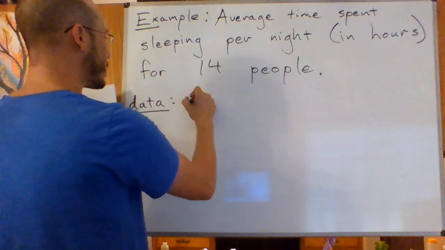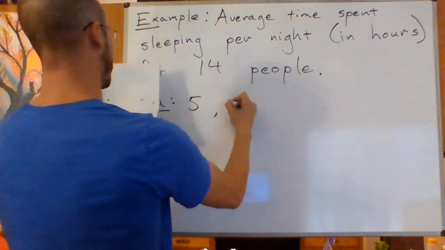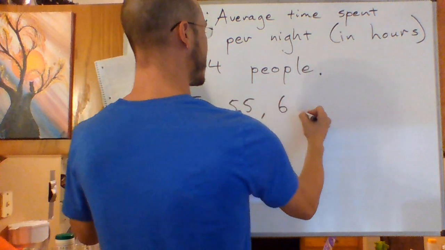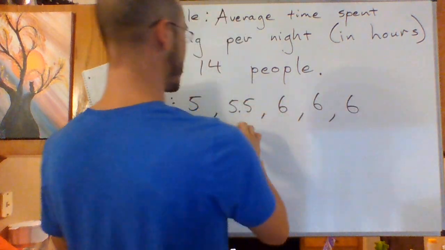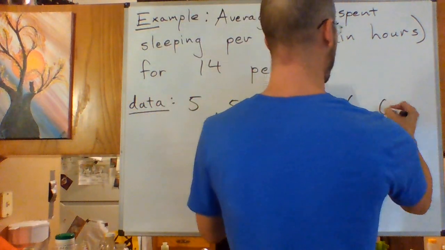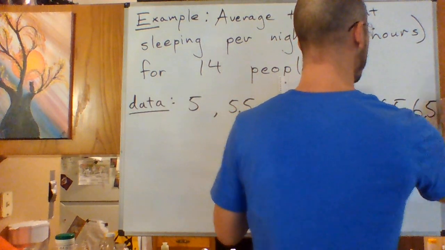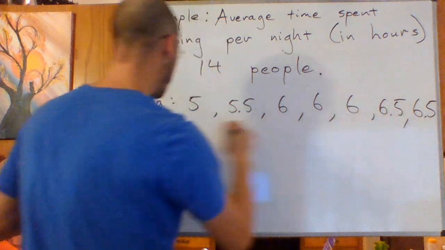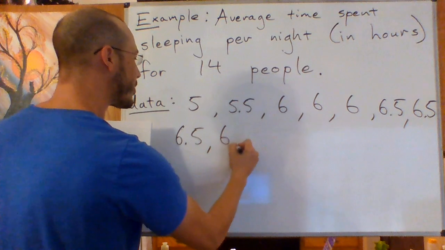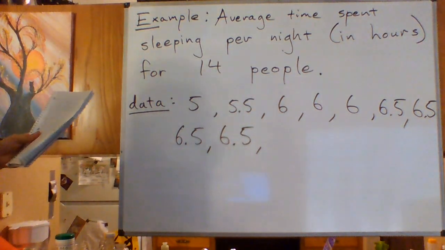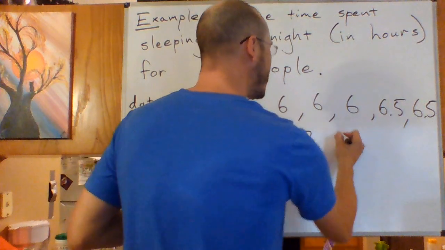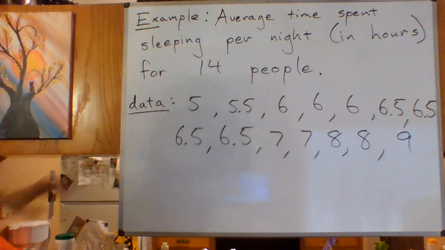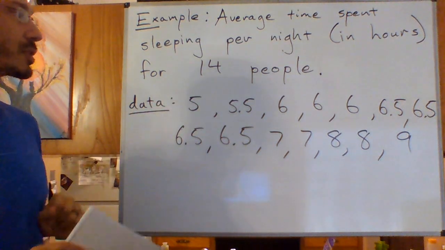It'll be a little bit easier to read. 5, 5.5, 6, 6, another 6, a 6.5, and another 6.5. Sorry about the scrunch at the end there, but 1, 2, 3, 4, 5, 6, 7, and then another 6.5 and another 6.5. A 7, another 7, an 8, another 8, and a 9. Okay, I didn't line up the numbers like I wanted to, but there's 7 in this row and there's 7 in this row. There's 14 numbers.